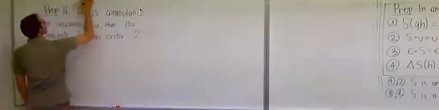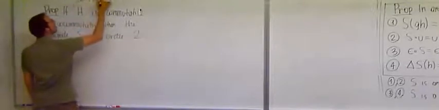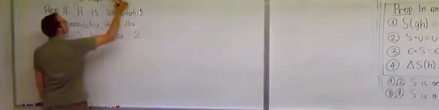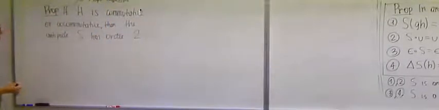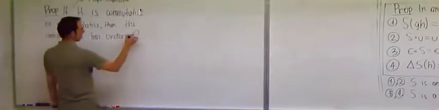So if a Hopf algebra, I should say, so it needs to exist, and if it does exist, then it has order 2. I guess it could also have order 1 if it's trivial.